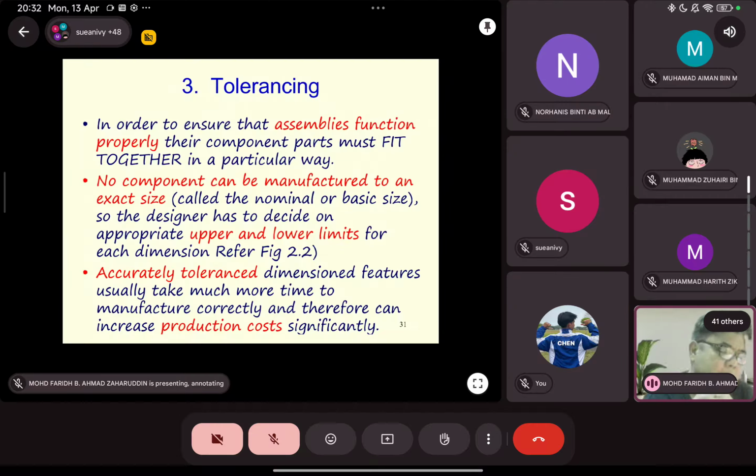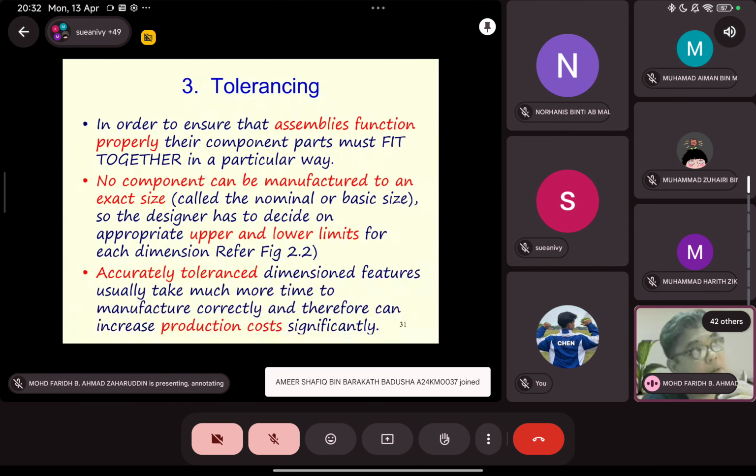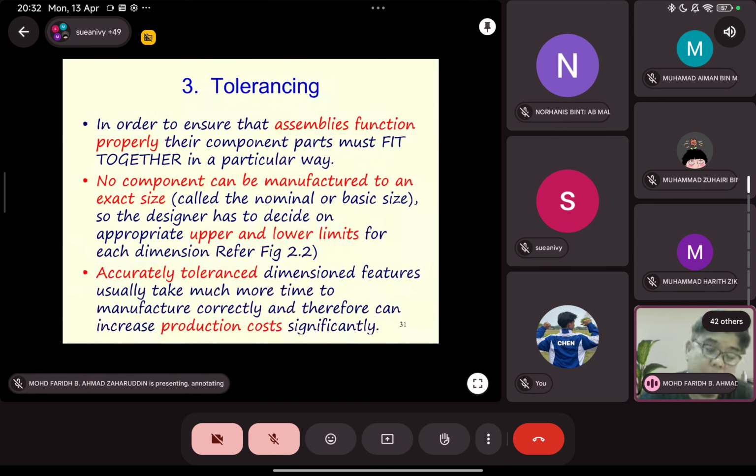If you still remember, there are 3 types of solution that engineers use in solving problems in assembly. The first one is make to suit. In bahasa Malaysia, we call buat sehampir mungkin.